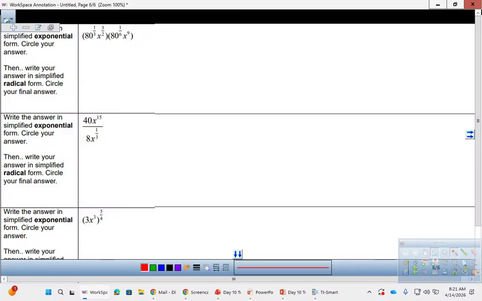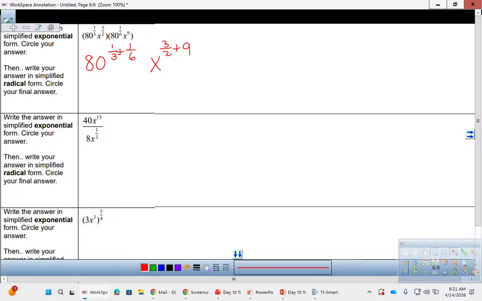It's below, think basement, right? You're not doing 80 times 80, all right? You're going to keep the base and add the exponents. So I'm adding the exponents on the 80, and I'm keeping the other base, which is x, and I'm adding the exponents on that, right? Multiplication property says we add exponents.